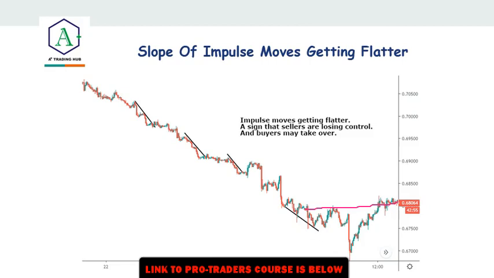So whenever you see the candlestick bodies on your chart getting flatter, instead of being deep like a straight move, small candlestick bodies, just know that the trend is weak and that there will be a turnaround, a change of trend soon.